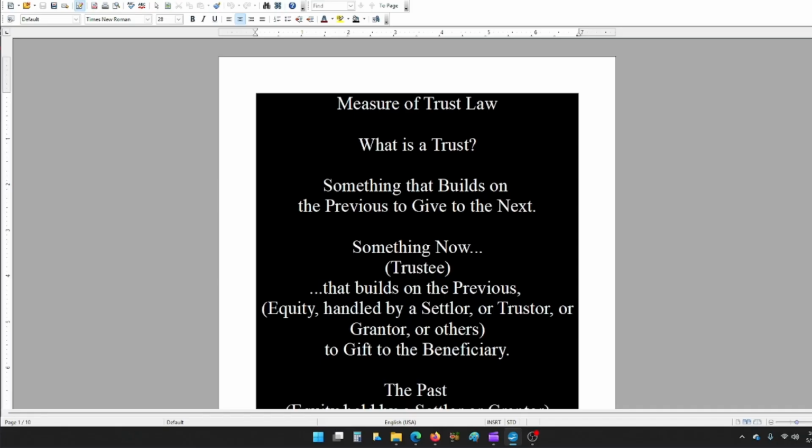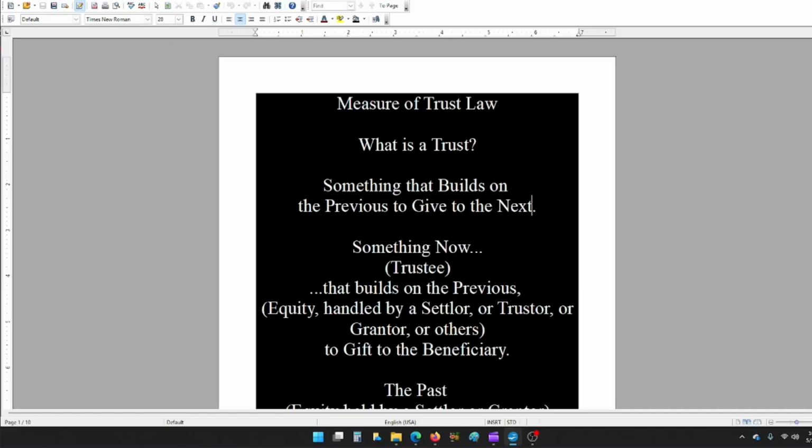Different words that different states use to call the creator of a trust. Again, it's something now, which is the trustee, that builds on the previous, that what was given to him had to have been something previous, which was by the settlor.